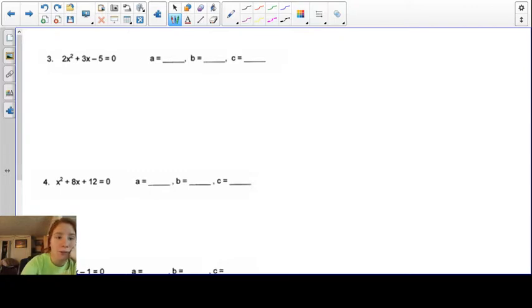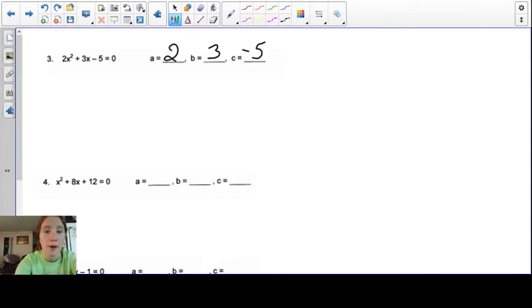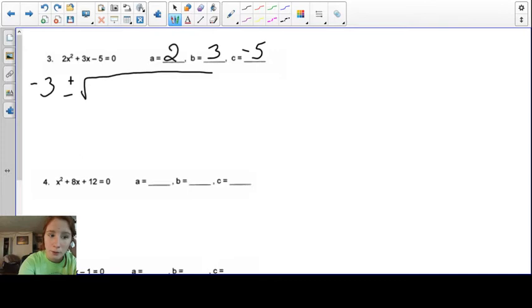So first steps first, I'm at A, B, and C. A is in front of x squared, so that's 2. B is in front of the x, so 3. And C is the thing all by itself, so negative 5. So my formula is the opposite of B. So in this case, because my B is positive, it's going to be negative now. So I have negative 3 plus or minus the square root of 3 squared.